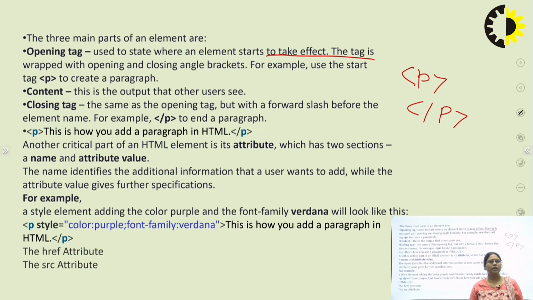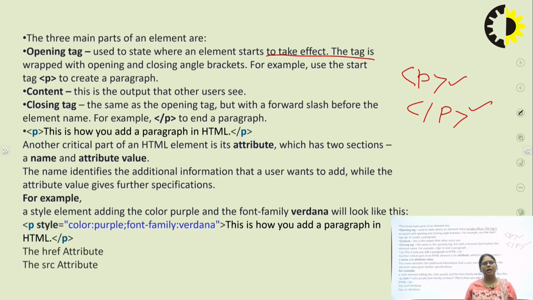This is your opening bracket and this is your closing bracket. For example, we have taken a paragraph here. So open the bracket, write the content under this paragraph, and then close the tag.